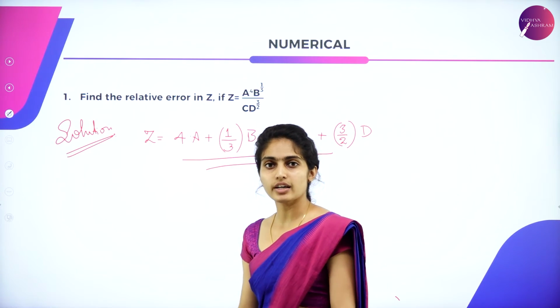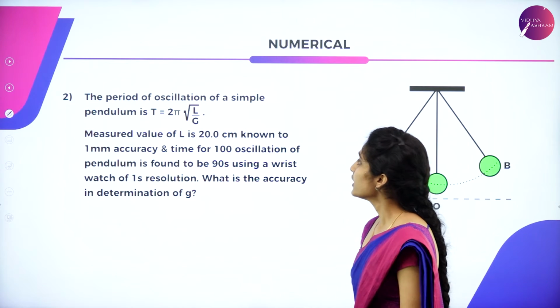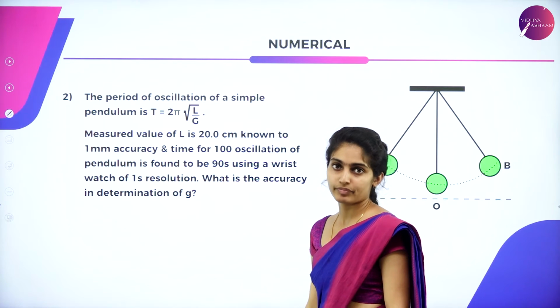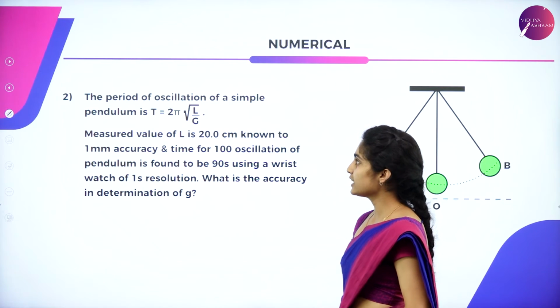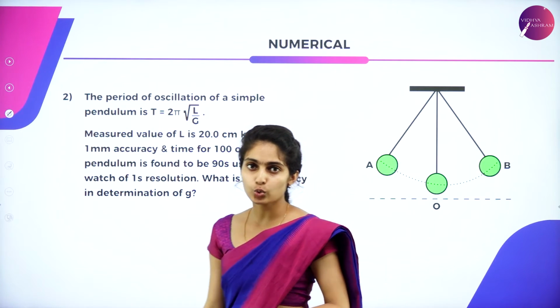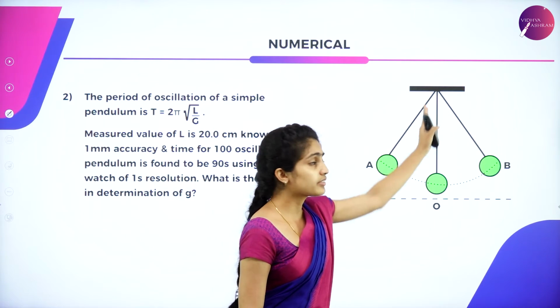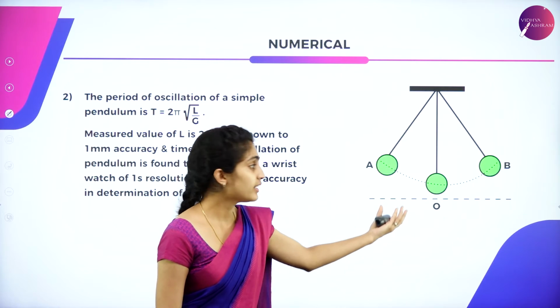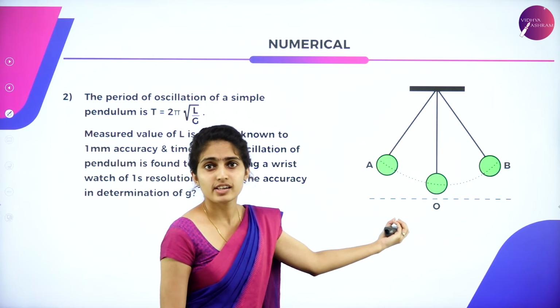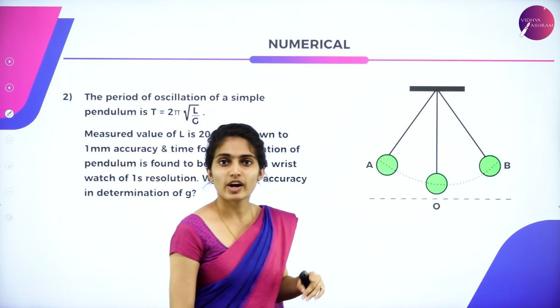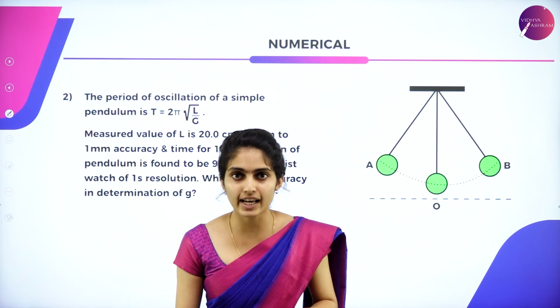Coming to the other numerical: the period of oscillation of a simple pendulum is T equal to 2 pi root L by g. You all know the simple pendulum. A thread is suspended and a bob is fixed. The bob along with the thread is suspended and one end of the thread is clamped.